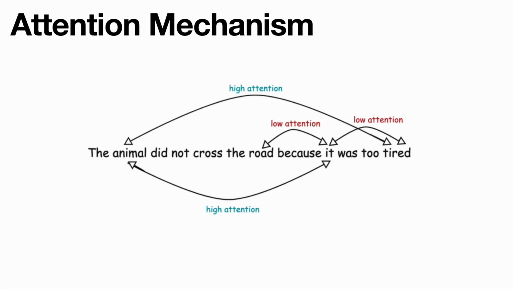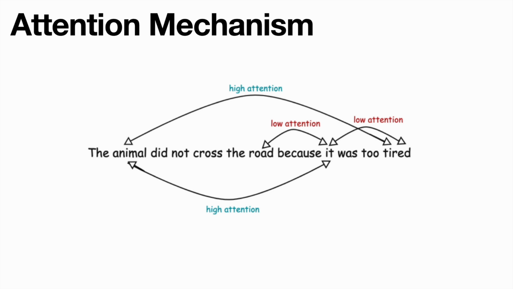If you see in the first sentence, in this it was too tired, the word it has very high attention with the word animal, because it was tired, right? The animal was tired. And also the word animal has a high attention with the word tired, but it has a low attention with road.